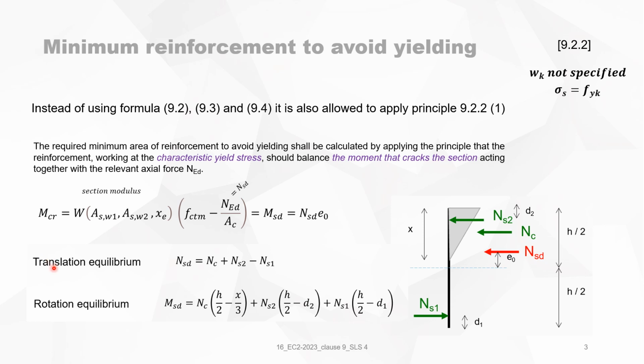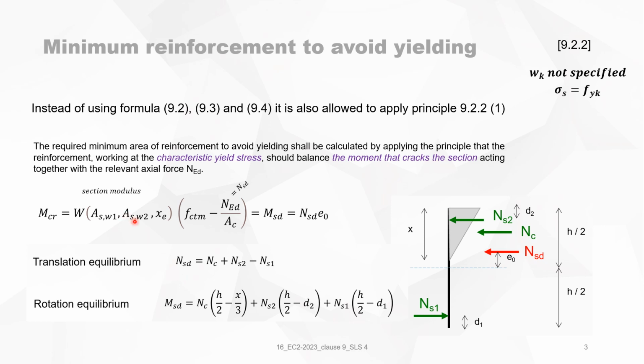We can now use a translation equilibrium, which is easy. Just pay attention, I'm not using the sign agreement where NED is positive for tension and negative for compression.